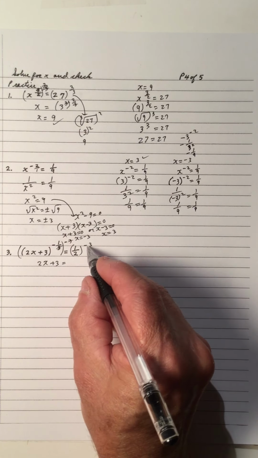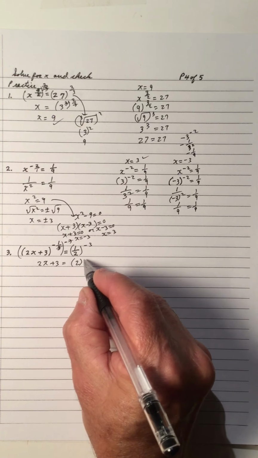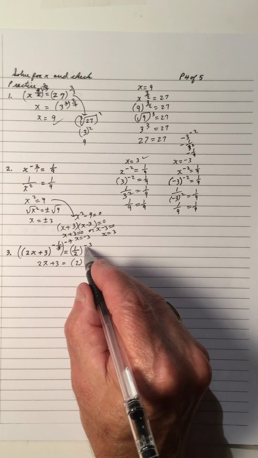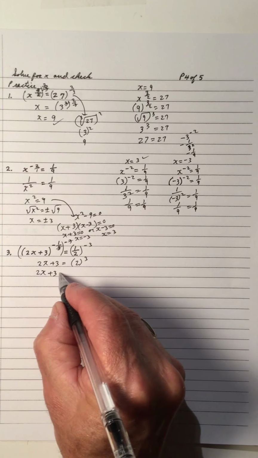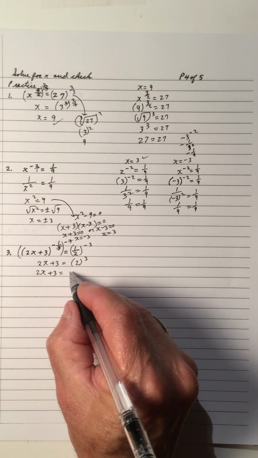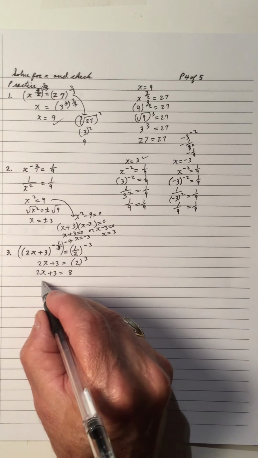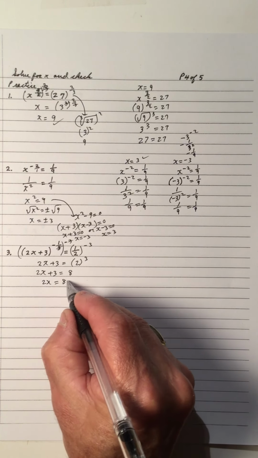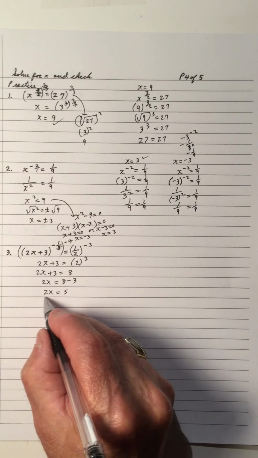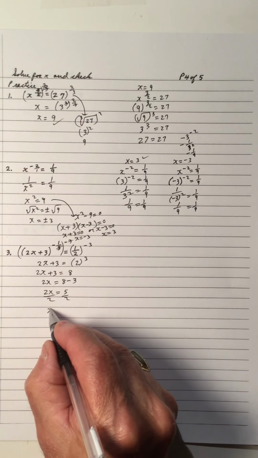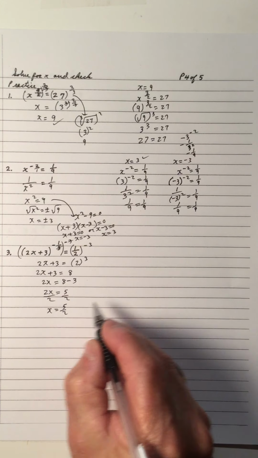And we have 1/2 to the negative 3, so that's 2 cubed. The negative exponent does the reciprocal of the half. So 2x plus 3 equals 2 cubed, which is 2 times 2 times 2, 8. So 2x equals 8 minus 3. 2x equals 5. Divide by 2, x equals 5 over 2.